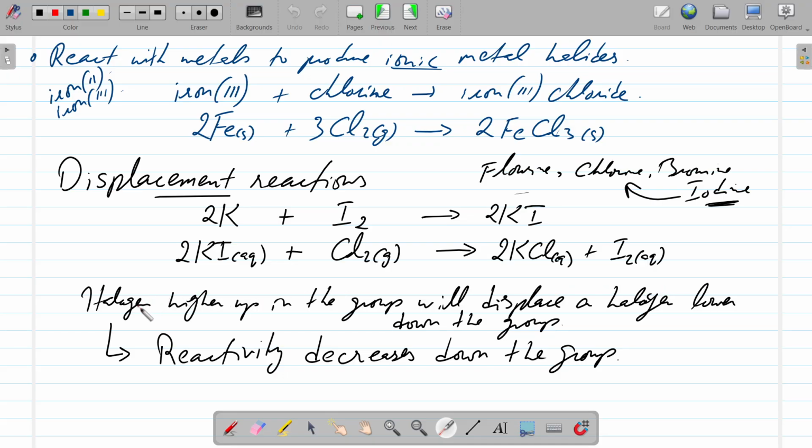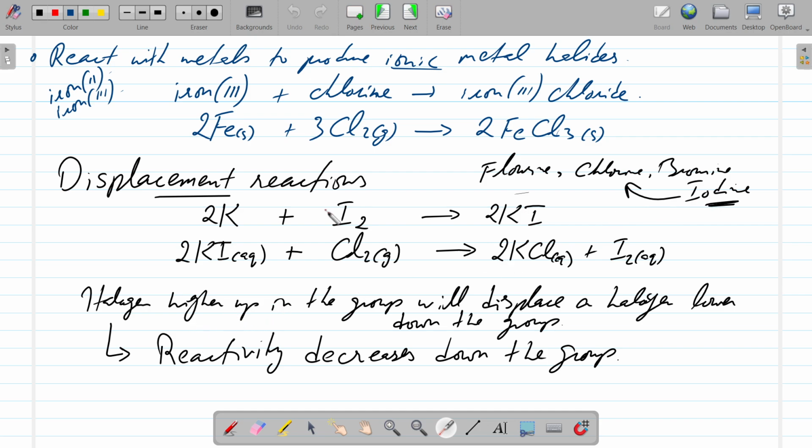Now, the reason for that happening is the reactivity of the elements in group 7. The reactivity decreases down the group, and so we know the order of the elements. First up is fluorine, then chlorine, then bromine, and then iodine. The further down the group you go, reactivity decreases.